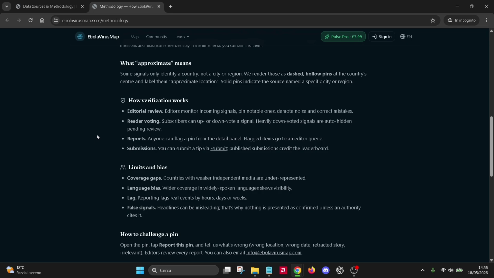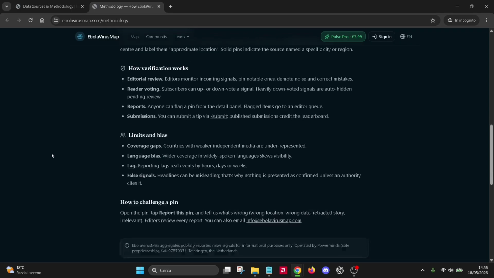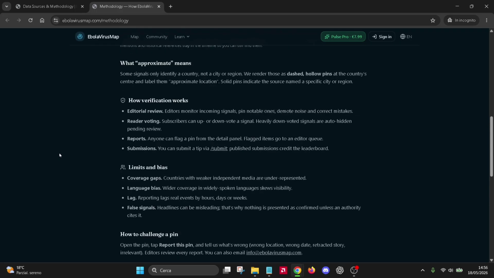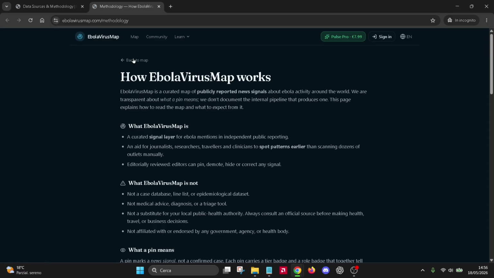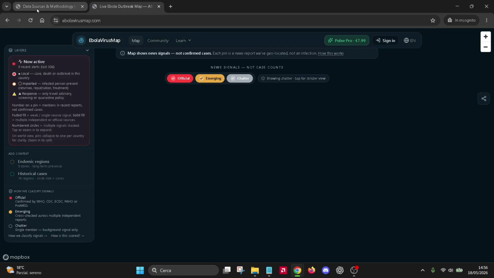This distinction is crucial. A signal is an indicator of activity. It is not automatically equivalent to a laboratory-confirmed infection. That is why responsible interpretation matters.